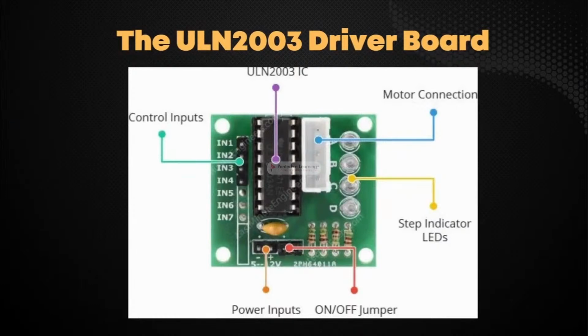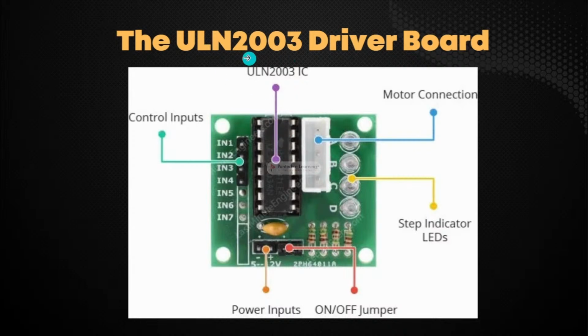Because this stepper motor consumes a significant amount of power, it cannot be controlled directly by a microcontroller such as Arduino. To control the motor, a driver IC such as the ULN2003 is required. Therefore, this motor typically comes with this driver board.